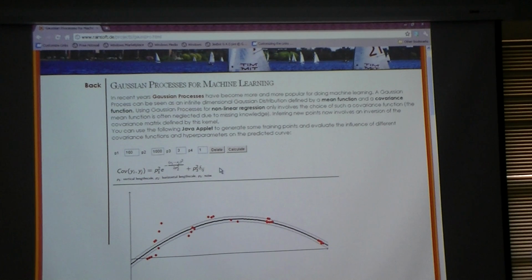For text, if you want to compare the similarity of text, you have a kernel called string kernel. And if you want to compare graphs, there are other kernels which are much more complex than the vector ones.